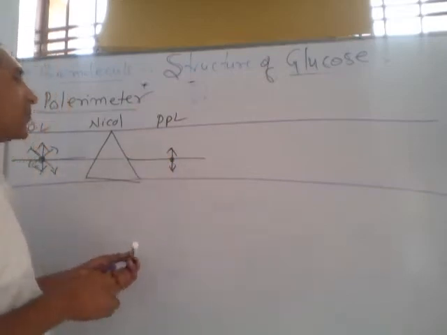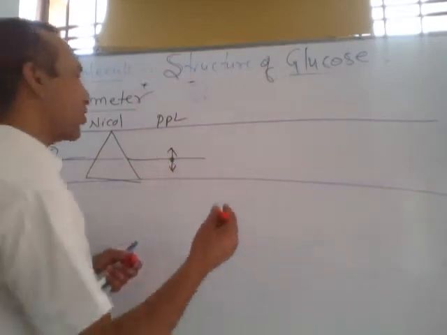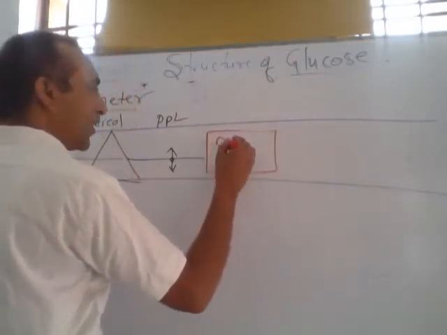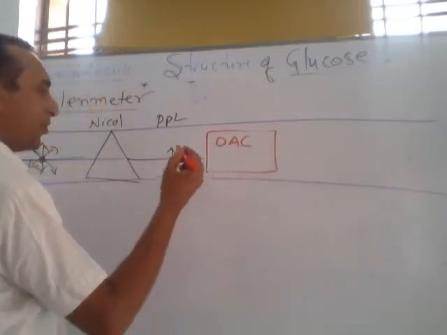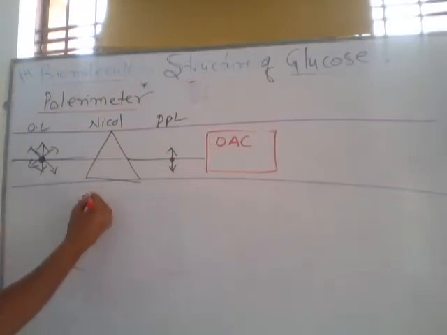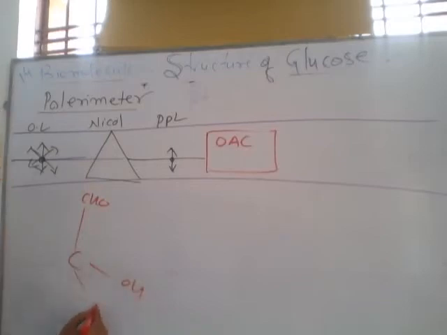If we pass this plane polarized light through any optically active compound. Optically active compound means a compound in which 4 different types of groups are connected. Suppose glyceraldehyde: aldehyde, OH, CH2OH, and here H. You can mark a star because on this carbon there are 4 different types of groups or atoms connected.